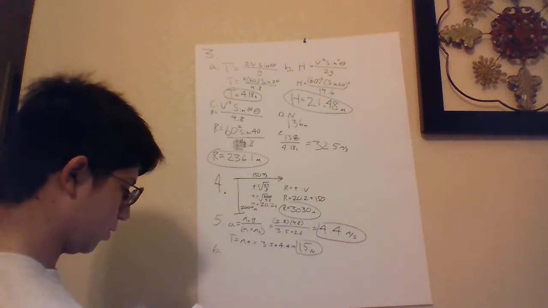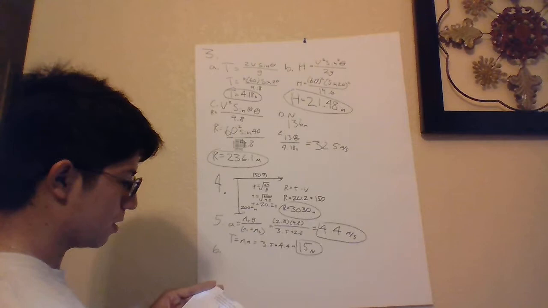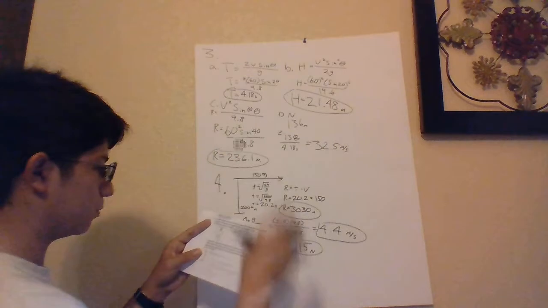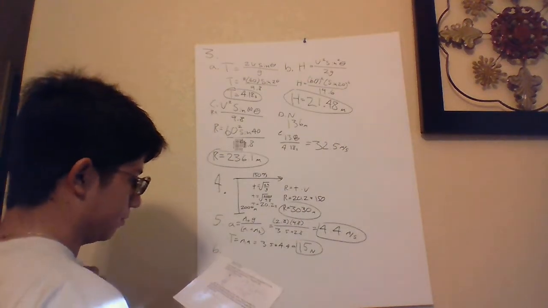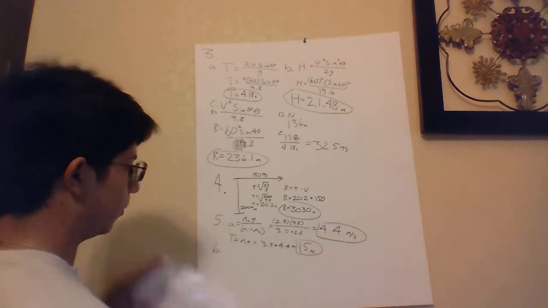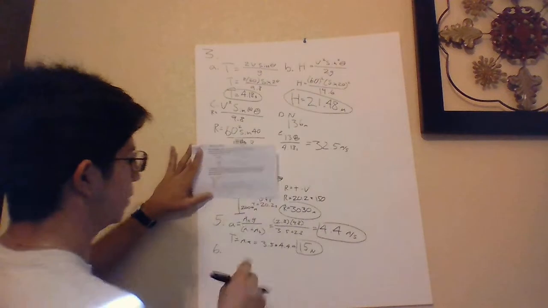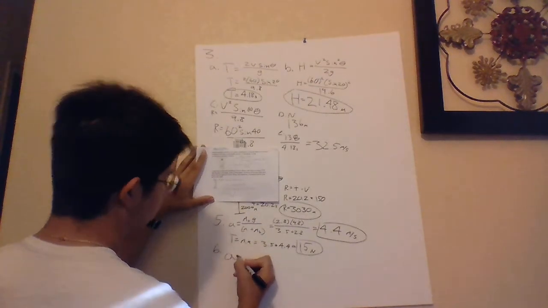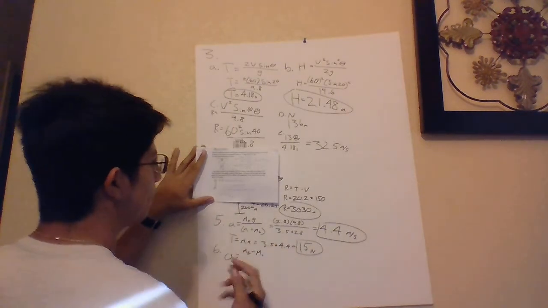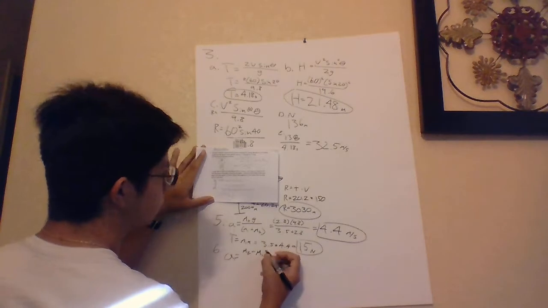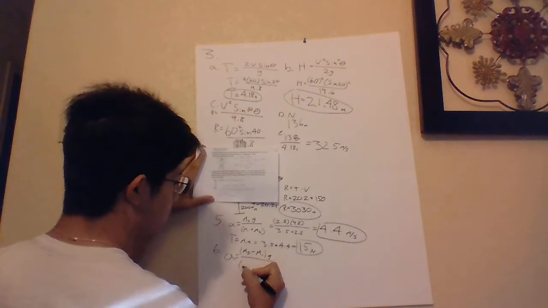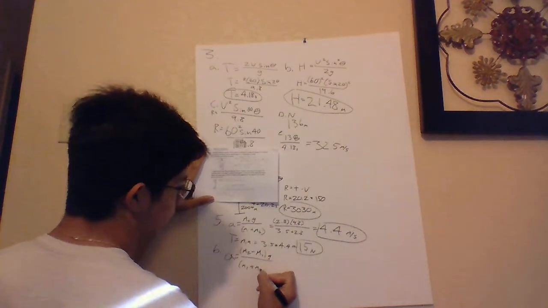Alright, so question number 6 is Atwood's machine. It's 2 blocks connected by a string over a pulley. Once again, it's finding the acceleration of the masses. So it's a very similar formula to this one, except a little bit modified. There's another mass up on top. So acceleration equals mass 2 minus mass 1, mass 2 is the heavier one, multiplied by gravity, over mass 1 plus mass 2.